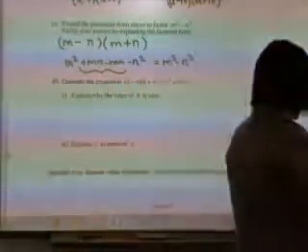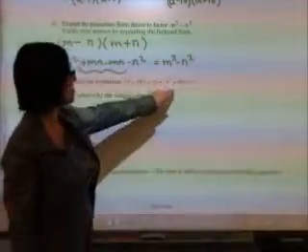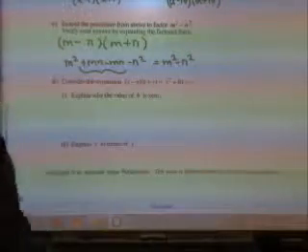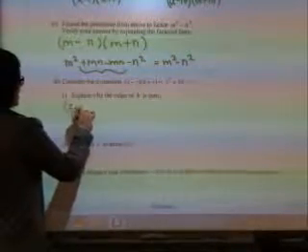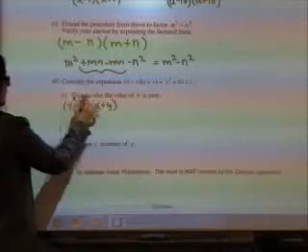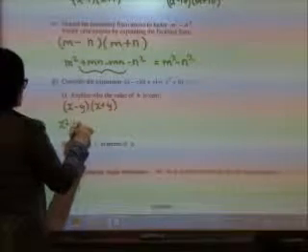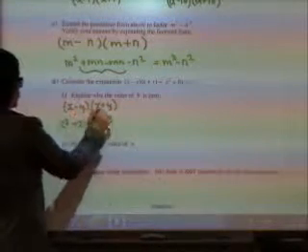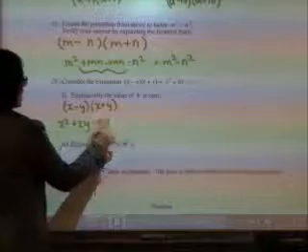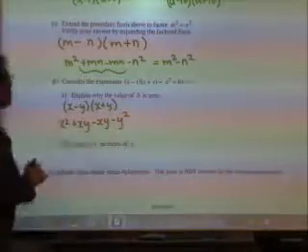So if I consider the expansion x minus y times x plus y, explain why the value of b, when I go to expand it, equals 0. Well, if I show this in expanded form, x times x, x times y, negative y times x would be a negative xy, negative y times y would be a negative y squared.